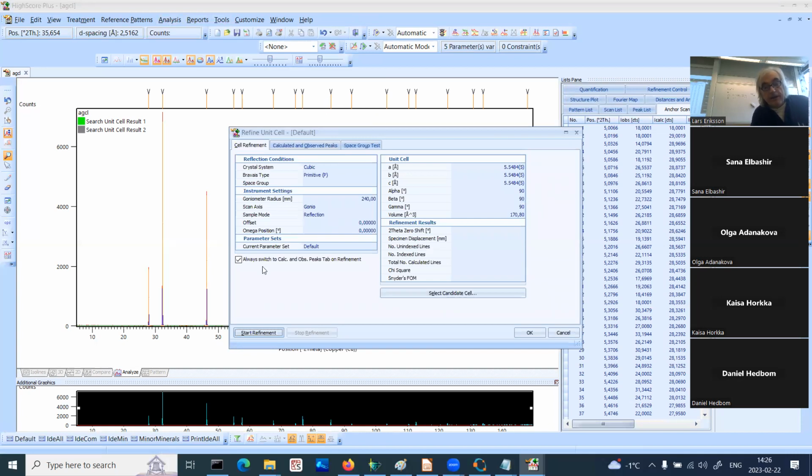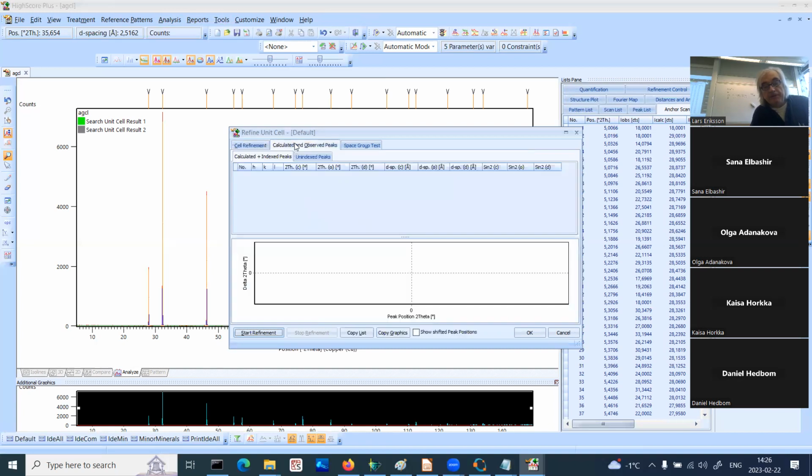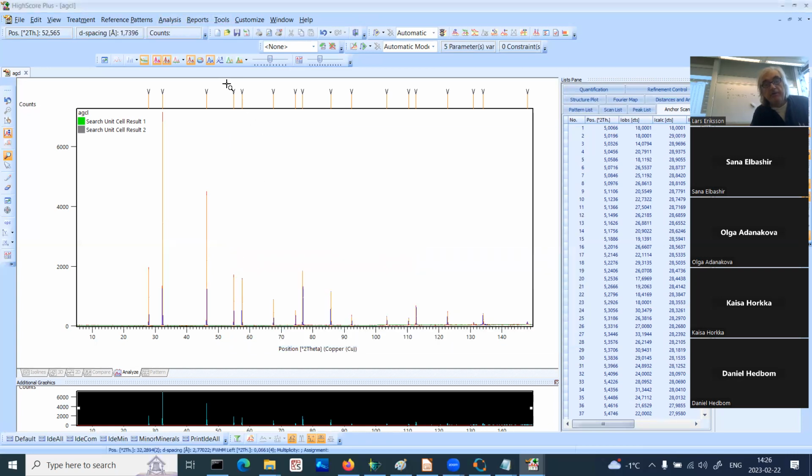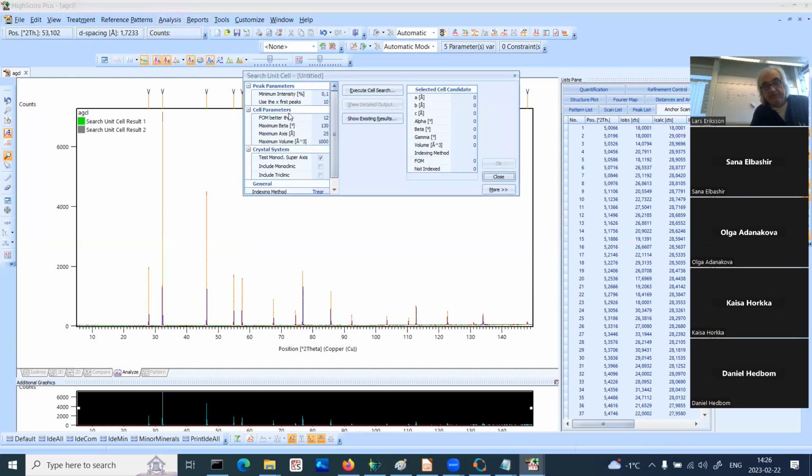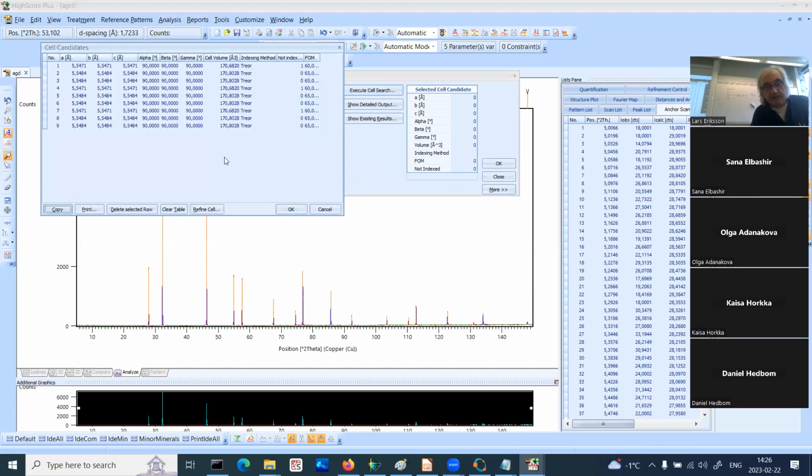Yeah, and then if we click on calculated and observed peaks, we don't get anything. Maybe we should redo this search unit cell, execute cell, and then we select this one, 5.55 90 90 90.